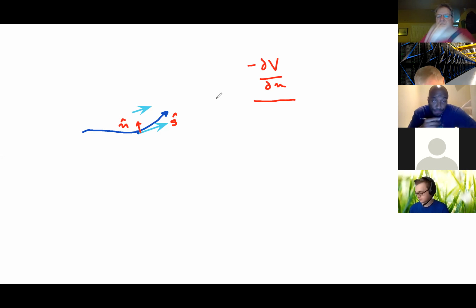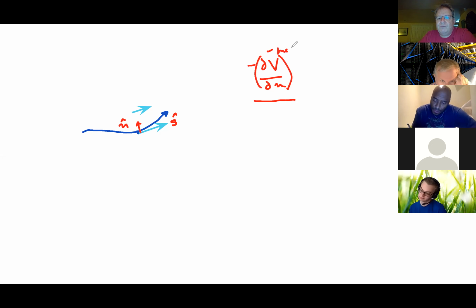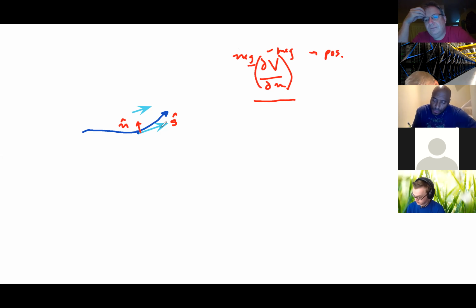Decreasing. So dV dN, the value inside the parentheses, is negative. But a negative makes it a what? Positive. So this would be defined as positive shear. Why do you think that is?